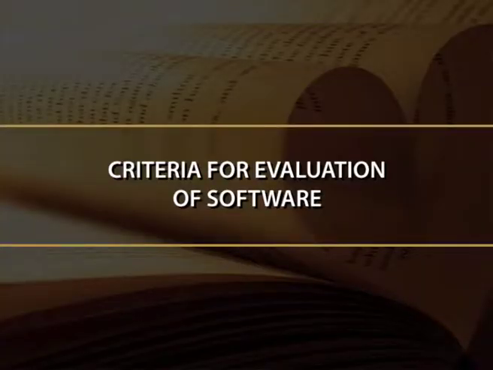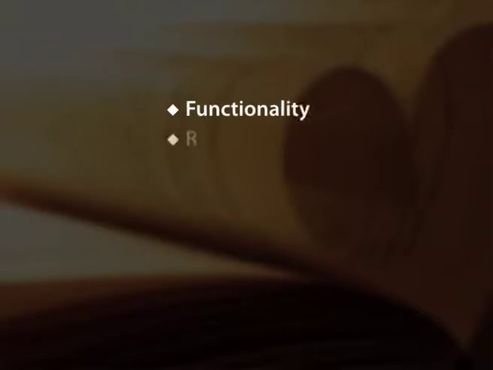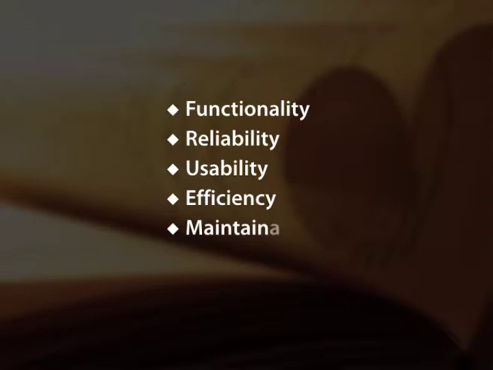Criteria for evaluation of software. There is no generic list of the criteria which can be used for evaluation of any software package. The quality characteristics of software packages such as functionality, reliability, usability, efficiency, maintainability, and portability can be used as evaluation criteria.